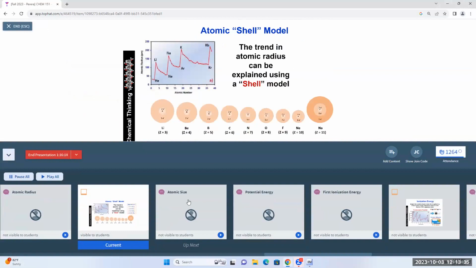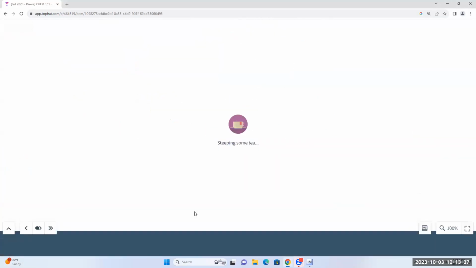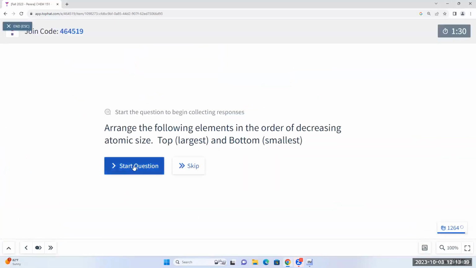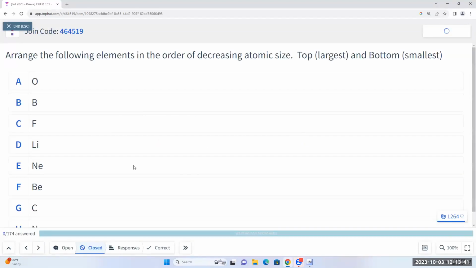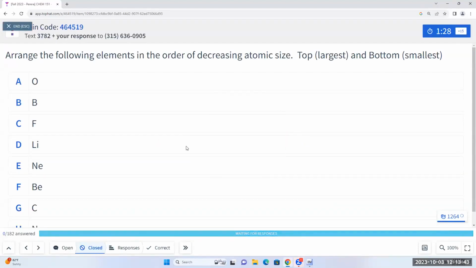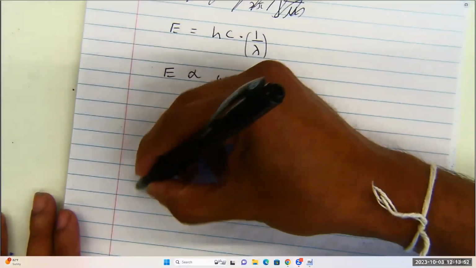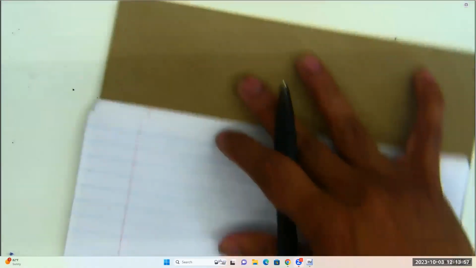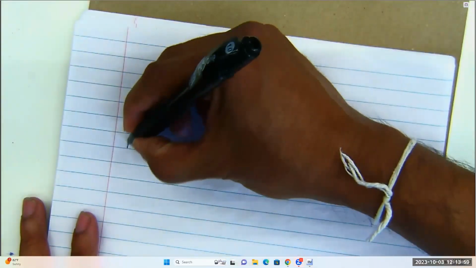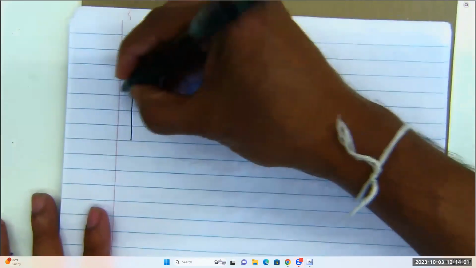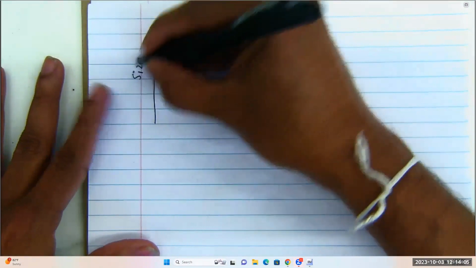Now, just to summarize what we have talked about, at least for one shell, can you try this question while I draw something in my notebook on Top Hat? I need a new page. Right, I'm going to have size on the y-axis.